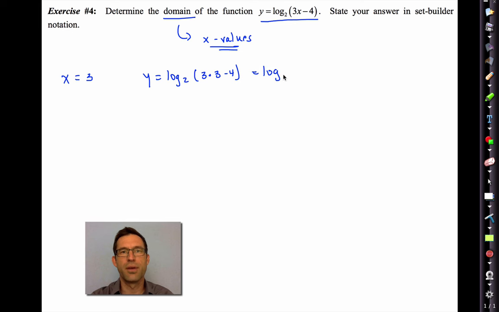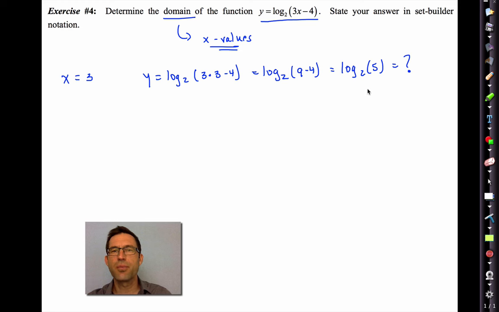y equals the log base 2 of 3 times 3 minus 4. That would be the log base 2 of 9 minus 4, which would be the log base 2 of 5. Now, I may not know what that is, but it's somewhere between 2 and 3, because 2 to the second is 4, and 2 to the third is 8.